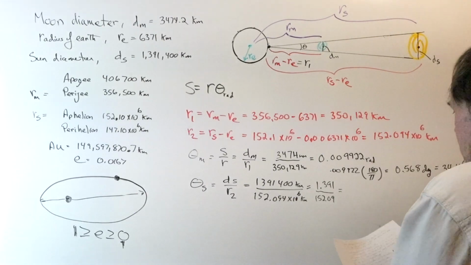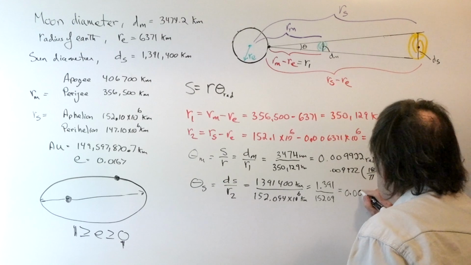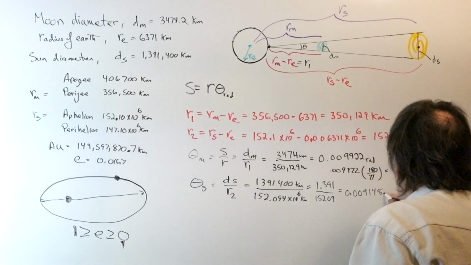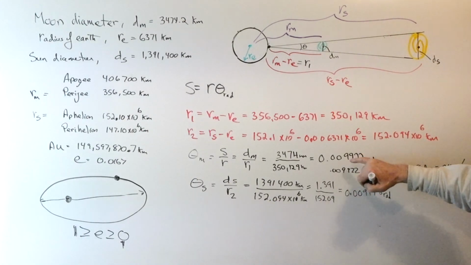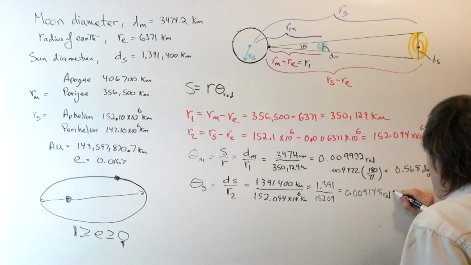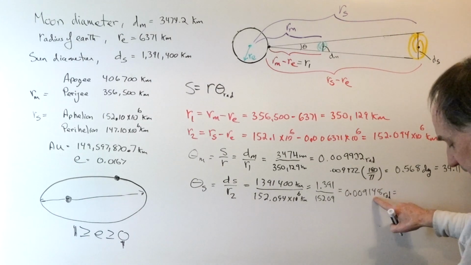Well, that comes out to 0.009148 radians. Very close to the angular dimension of the moon's disk. And if we multiply this number by 180 and divide by pi, we get degrees.